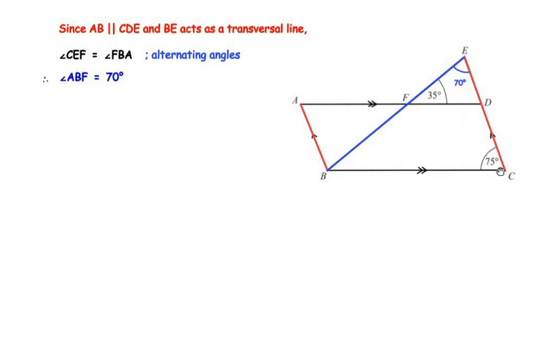And since we have found the value of angle CEF as 70 degrees, angle FBA also will be equal to 70 degrees. So here we have written angle FBA, or we can also write it as angle ABF equal to 70 degrees. So we have shown the value of this angle is 70. So this is our answer.